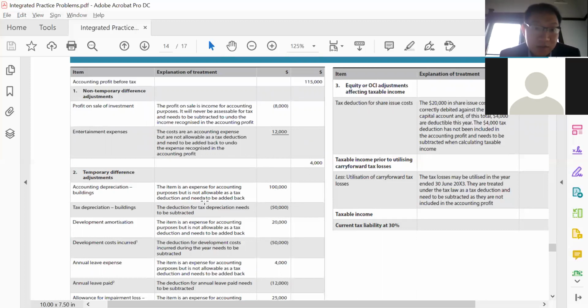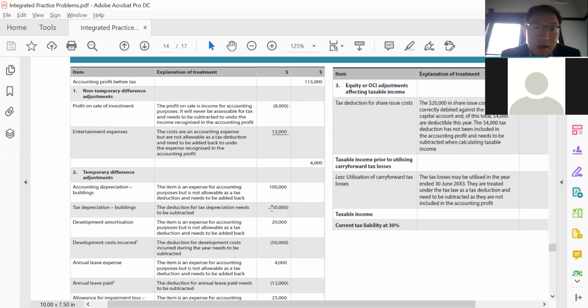So what we need to do, again, to move from the accounting towards the tax, is first add back this accounting expense, and then subtract the amount that is allowed for tax purposes. You can see that this adjustment requires 2 lines. So you add the accounting expense back, and then you deduct this amount for tax.